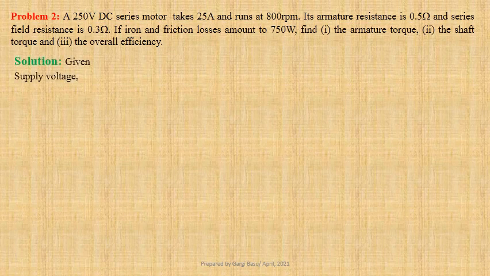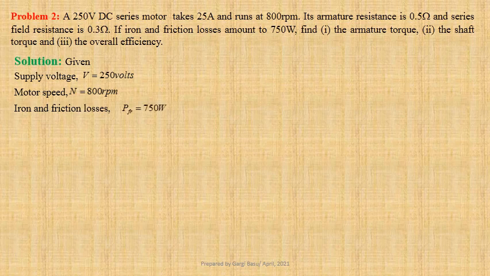Supply voltage V equals 250 volts. Motor speed N equals 800 RPM. Iron and friction losses PFR equals 750 watts. Given line current IL equals 25 ampere.